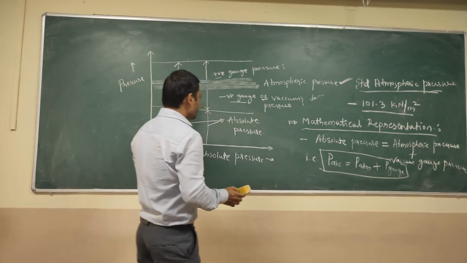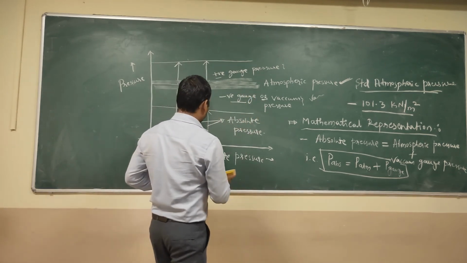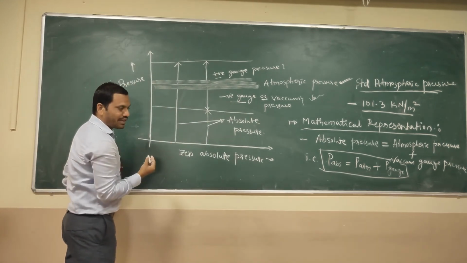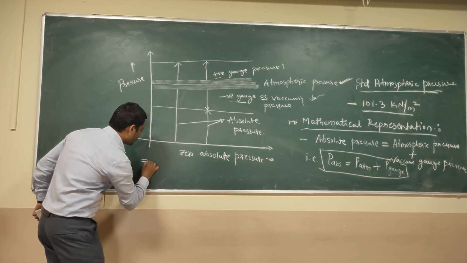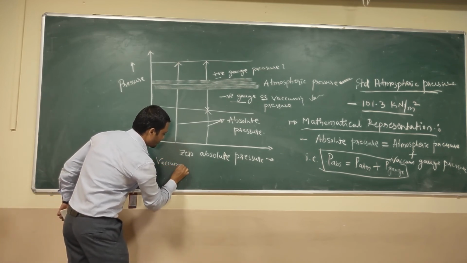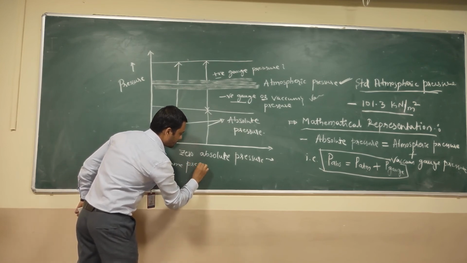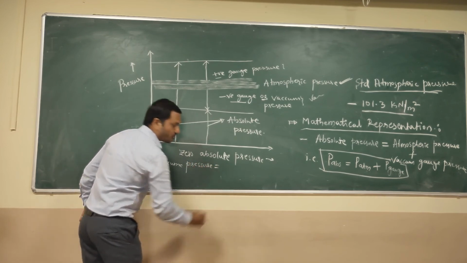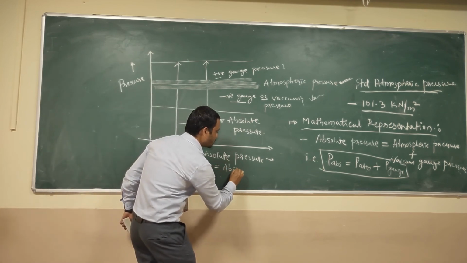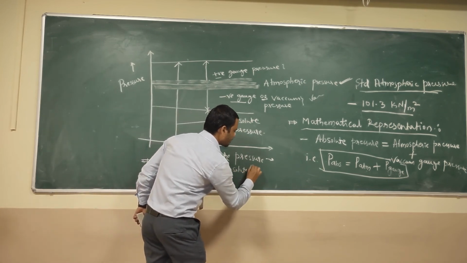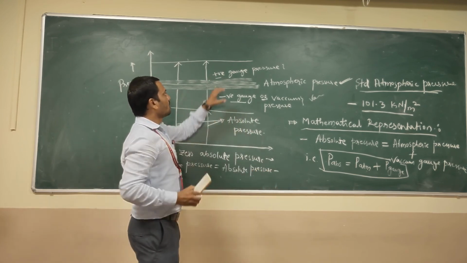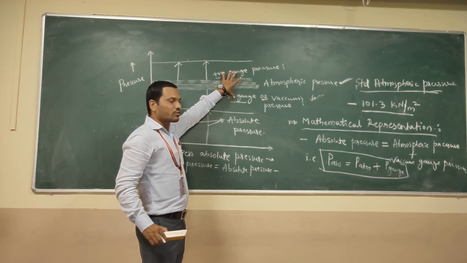Similarly, the vacuum pressure we write as the atmospheric pressure minus the absolute pressure, because we are measuring this vacuum pressure.